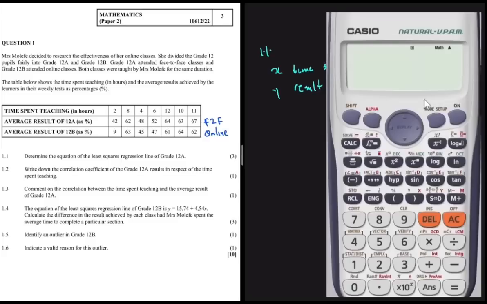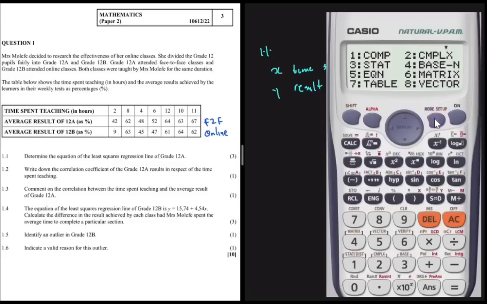On your calculator, you press mode or setup, and this menu will pop up. You press 3, and then another menu pops up. We're looking for the equation of the least squares regression line, which says y equals a plus bx.